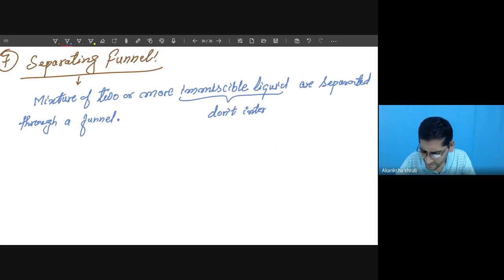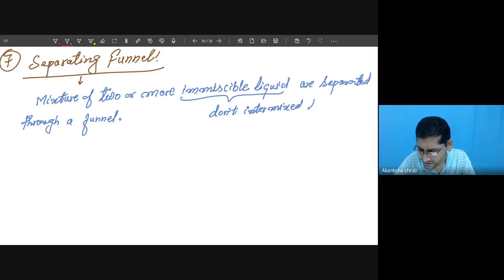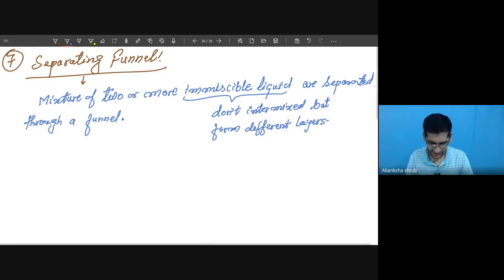They do not intermix, but form different layers. Example, if we add kerosene oil in water, please listen first to me.